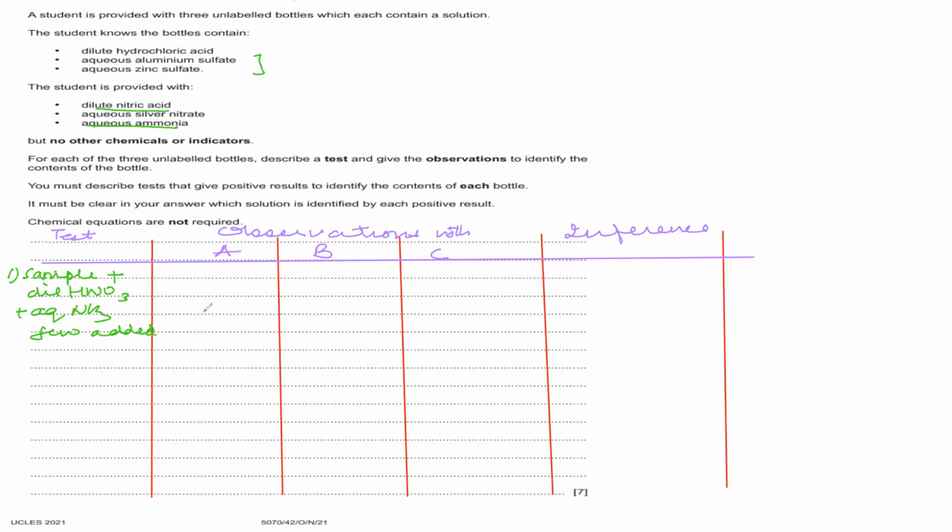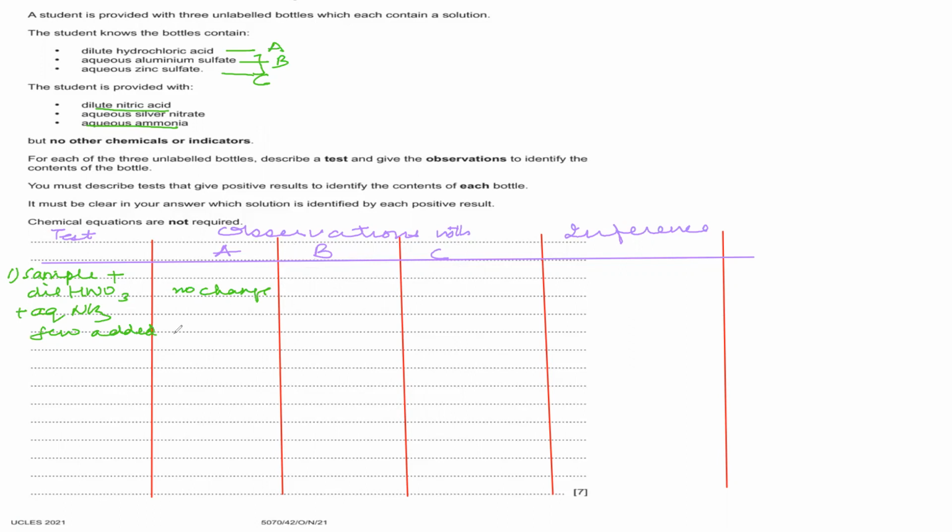Now on adding the few drops, if I've labeled the samples, let's suppose hydrochloric acid, I'm going to label them as A, B, and C accordingly. Now in the scenario A, we will not be able to see any changes, because this is not going to give any positive test for a cation with this chemical. But let's see what about B and C. B is basically aluminium sulfate and C is zinc sulfate.